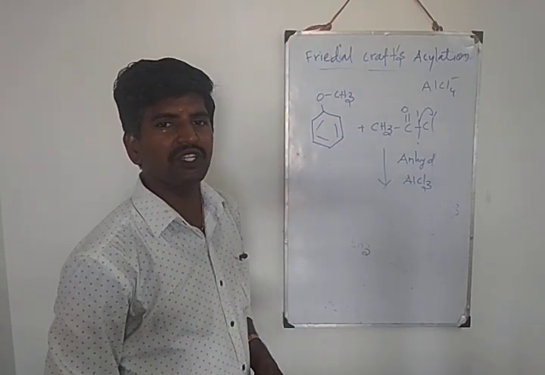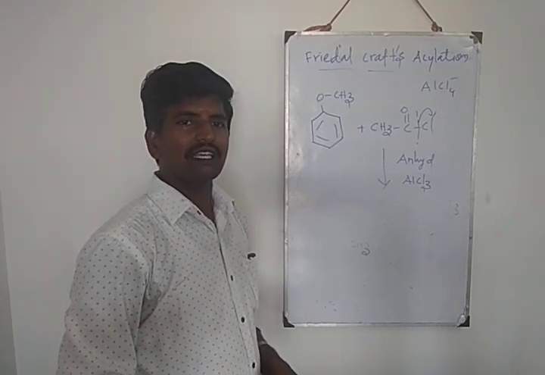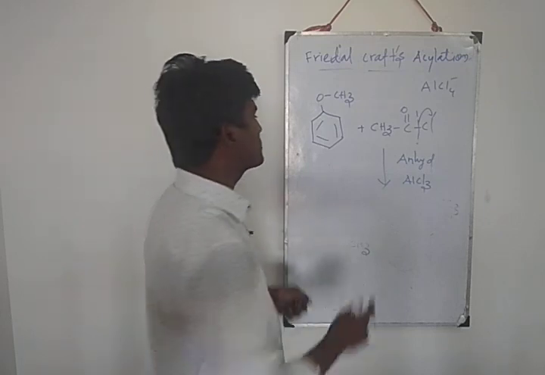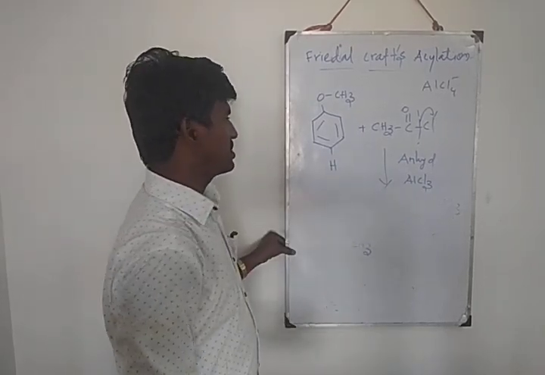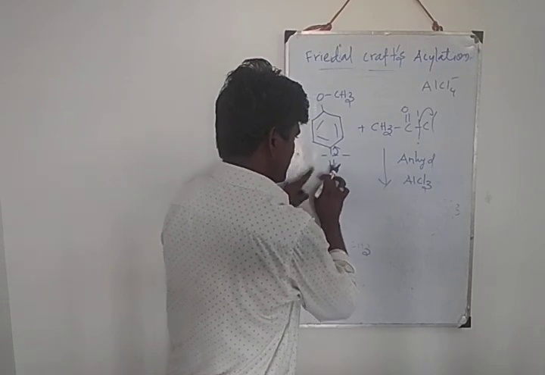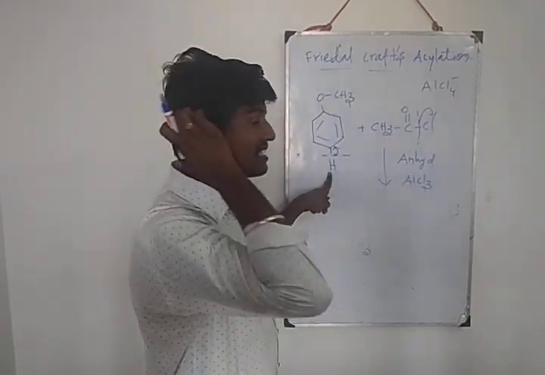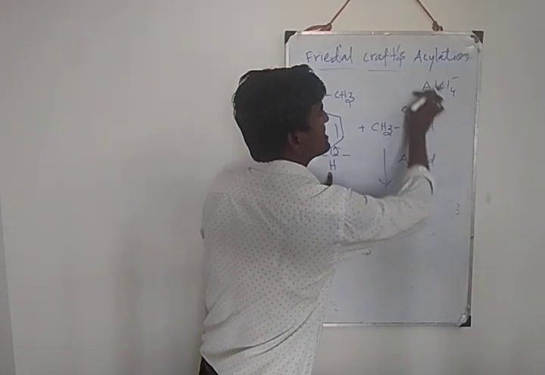This OCH3 is an ortho para directing group. So the chemical reaction takes place in the ortho position and the para position. Mostly it takes place in the para position, so I would like to show the hydrogen atom in the para position. Compare carbon and hydrogen. Which one is more electronegative? Carbon. So here the bond breaks. This H plus combines with AlCl4 minus, accepting Cl minus from AlCl4 minus.